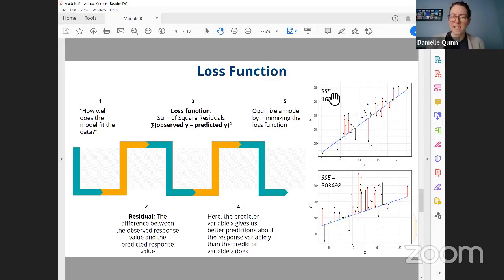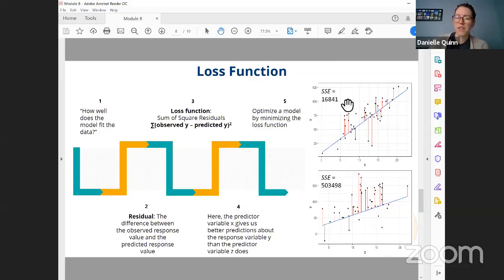Sometimes you'll see SSE for sum of squared errors, sometimes you'll see SSR for sum of squared residuals, but they're asking the same thing. We'll see that our loss function is about 17,000. And then we could say, well, maybe if we use z, that's going to give us a better prediction of y. And so we run that model. Once again, we calculate our loss function, and it turns out that that's almost 500,000.